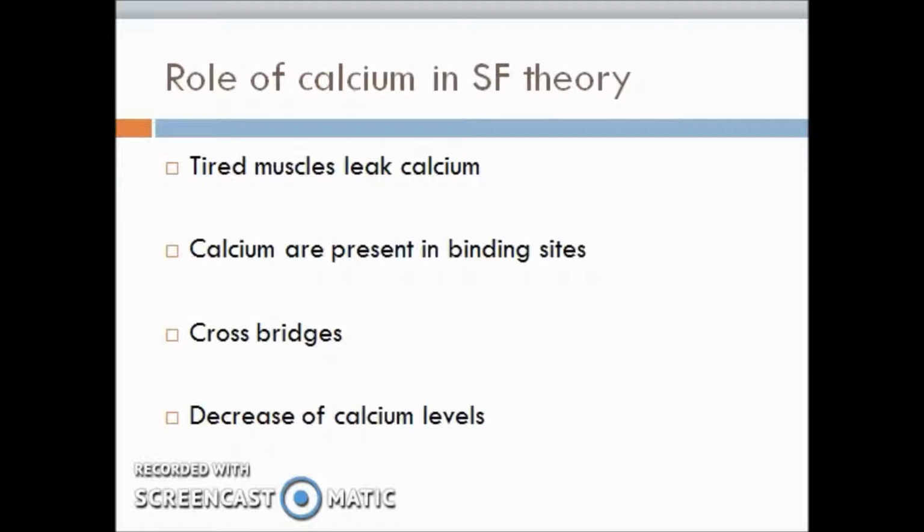However, calcium is used at binding sites where impulses are sent to the muscles. So if we're losing all this calcium, it can cause calcium depletion, which will mean there won't be enough calcium at the binding sites. The calcium plays a crucial role of almost bringing the impulses across to the muscle. So if there isn't enough calcium in the body, the impulses can die or the impulse's speed can decrease.